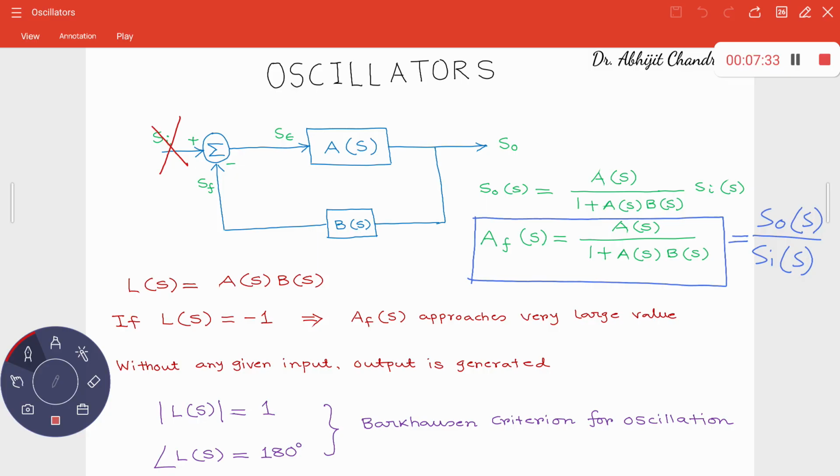Under this condition, whenever this A(S)B(S) product is equal to -1, even if you don't have any explicit input provided from the outside, your A_F(S) is infinite or very large, and you will be able to get some non-zero S_O at some given frequency, not for all frequencies.